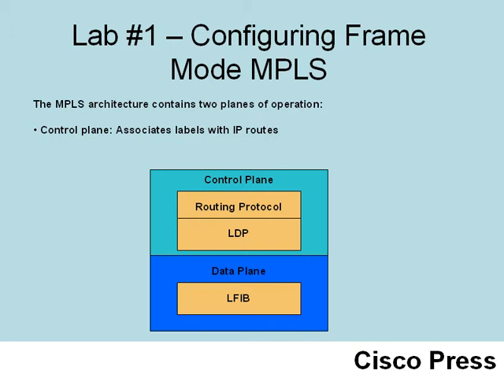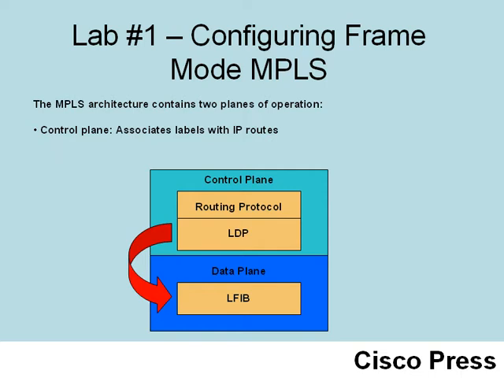And thanks to LDP, we can then populate the LFIB, the Label Forwarding Information Base. You may have heard of CEF, Cisco Express Forwarding, which maintains a couple of tables, an adjacency table with layer 2 information, and a FIB, a forwarding information base with layer 3 forwarding information.